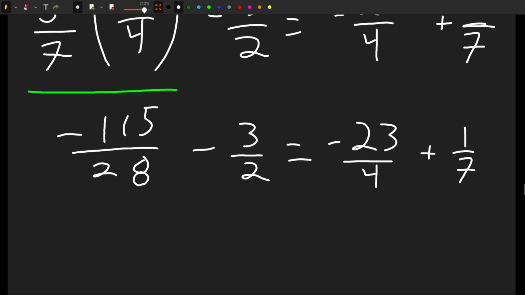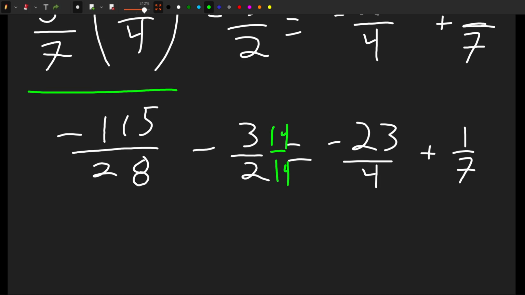Actually, no, here's the thing that I can do. I need to combine these terms on the left-hand side. So you have negative 115 over 28 minus 3/2. I know that 2 times 14 will get me to be 28, so I'm actually just going to multiply 3/2 by 14 over 14.